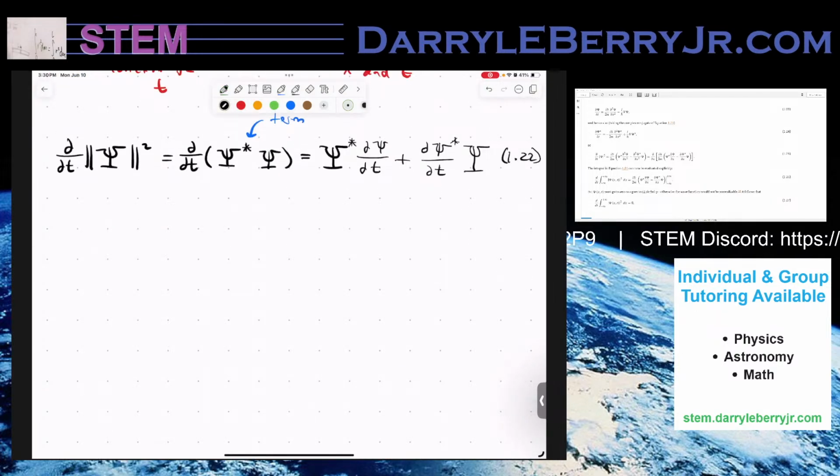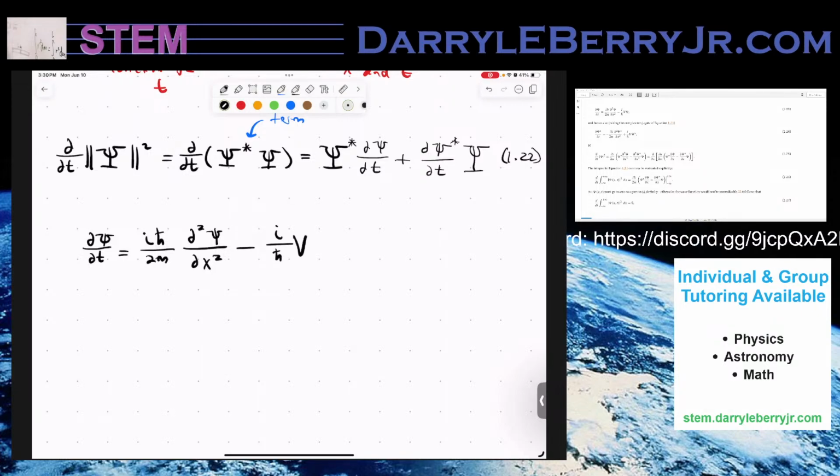We have the partial derivative of psi over the partial derivative of t equals i h bar over 2m, partial derivative squared of psi over x squared, minus i over h bar V psi.